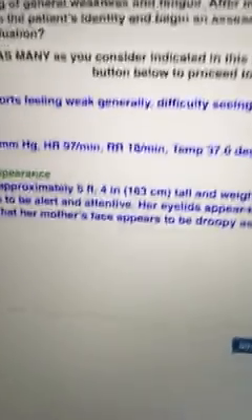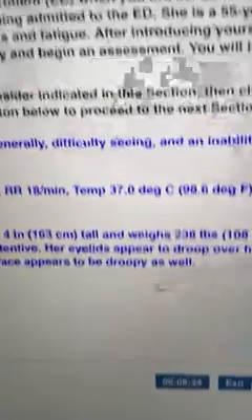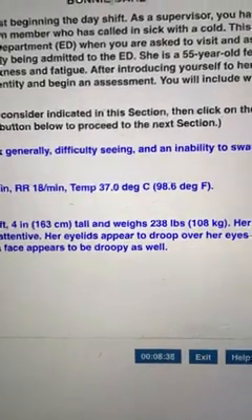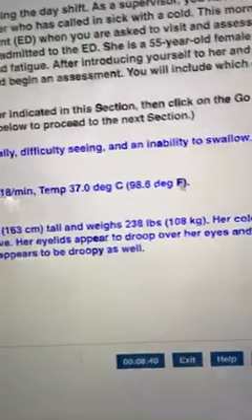Color is good. Her daughter indicates that the patient's face appears to be droopy, so that indicates a certain type of disease. So that's a clue right there.